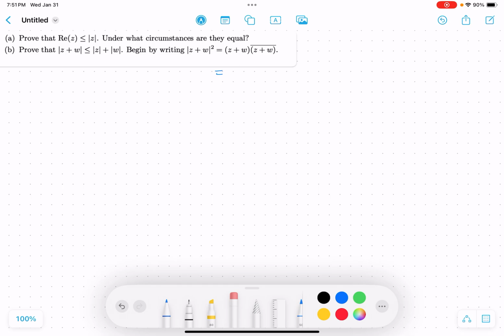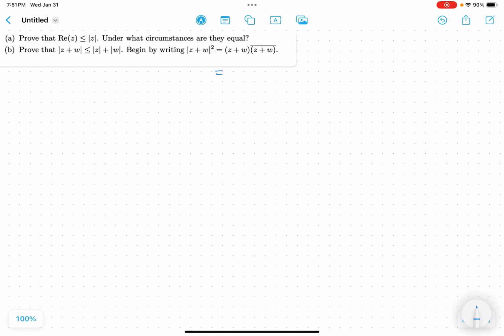So we've got, what do we have? We've got z plus w, so let's just multiply and expand out. So I'm going to have z, and we can do that because of the properties, z bar.